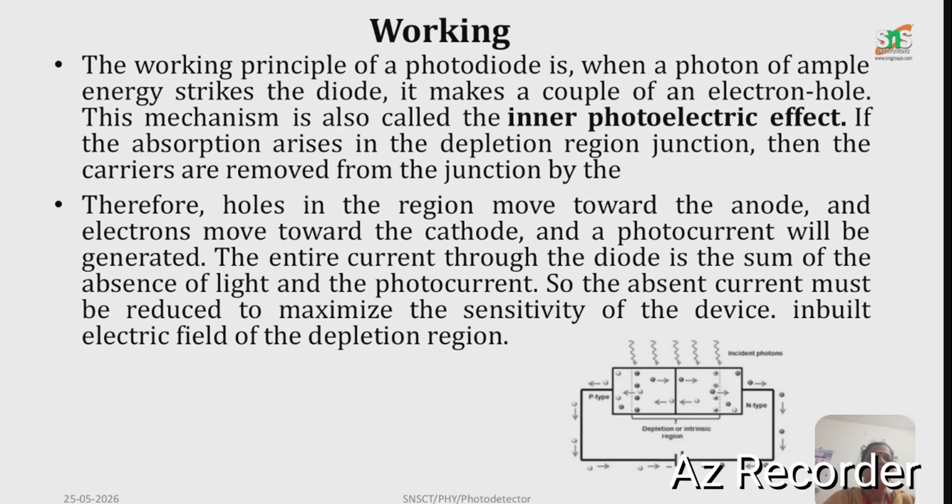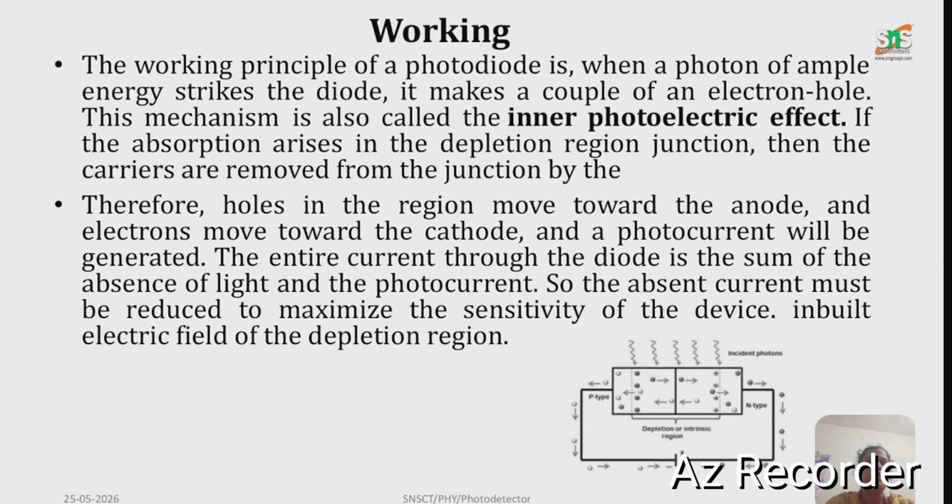The working principle of a photodiode is that when a photon of sufficient energy strikes the diode, it makes a couple of electron-hole pairs. This mechanism is also called the inner photoelectric effect. If the absorption arises in the depletion region junction, then the carriers are removed from the junction.